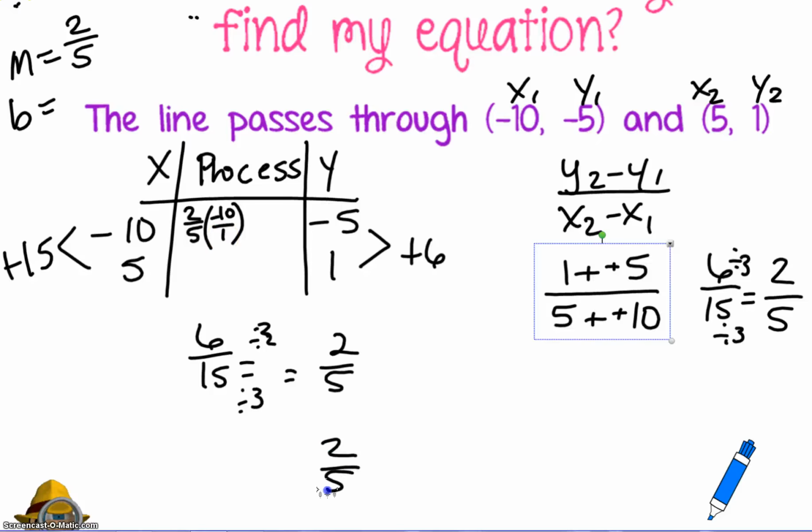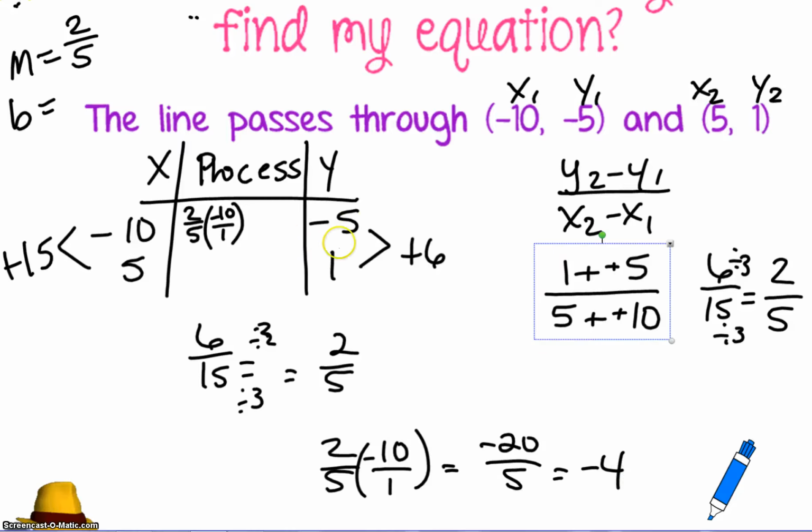So let's do the work down here. -20 divided by 5 is -4. But I know I need to get to -5, so I'm going to add 1, or am I going to subtract another one? And the answer would be to subtract another one. So you have x and you have y, so you know it's 2/5 x minus 1.